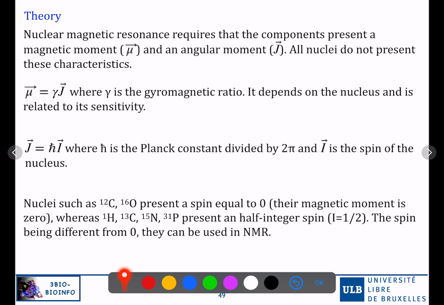And you have the same for carbon-13, another isotope for carbon, nitrogen-15, phosphorus-31.